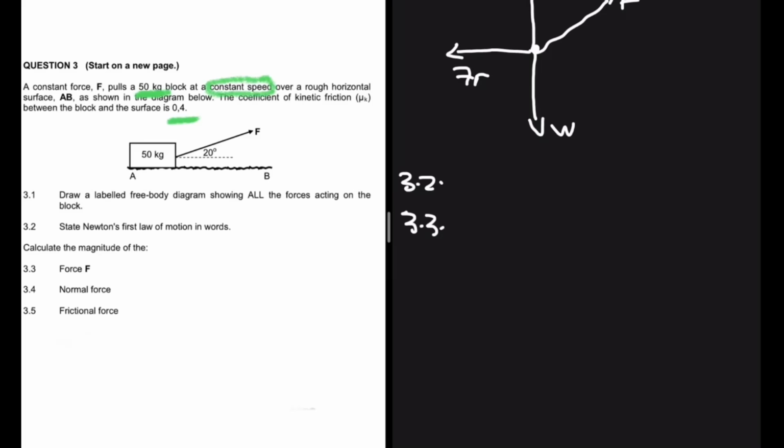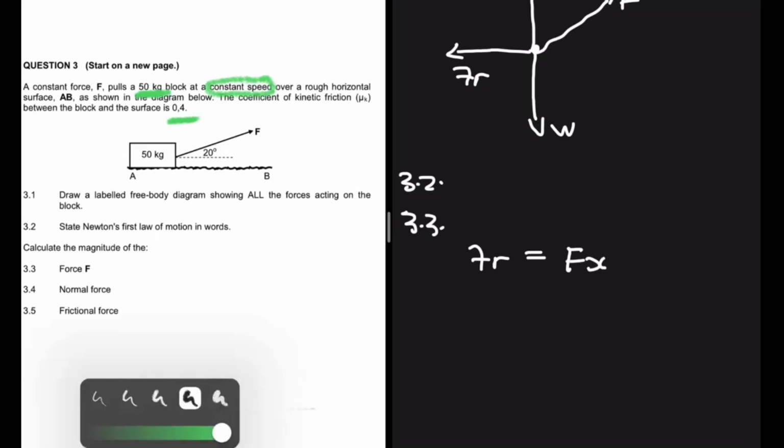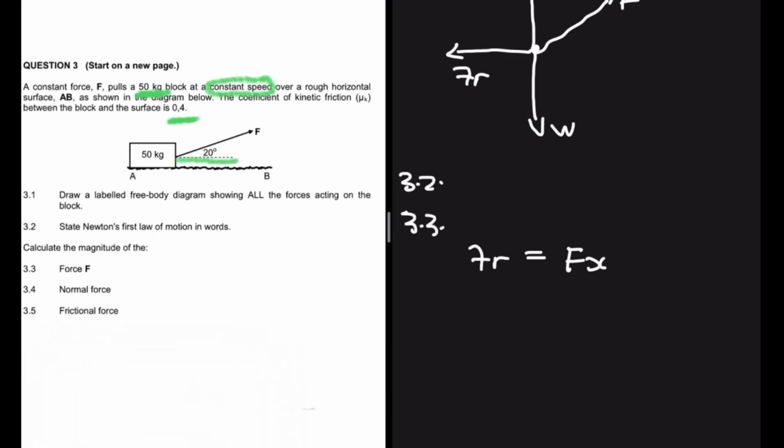So the key takeaway here is that the object is moving at constant speed. So the forces along the x are balanced, just like the forces along the y are balanced, right? So what does that tell us? That tells us that the frictional force is equal to the x component of the applied force, because that applied force has an x component and a y component, right? And then we know fully well that we have friction here, right?